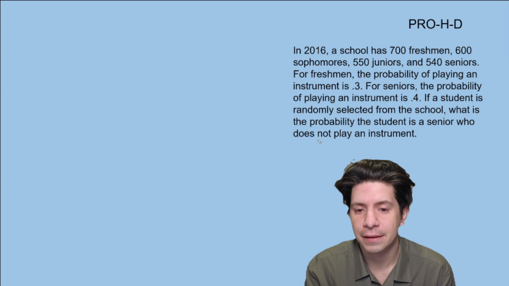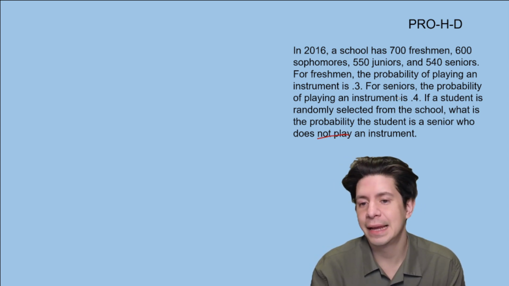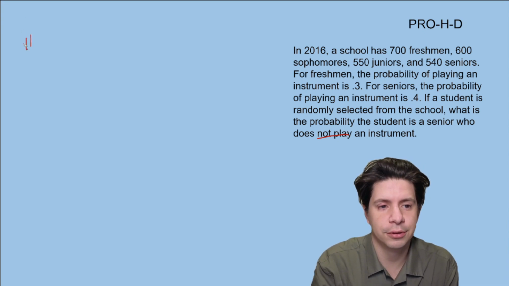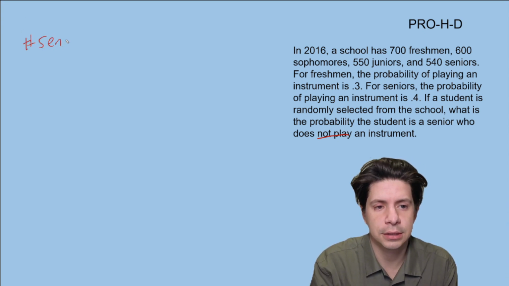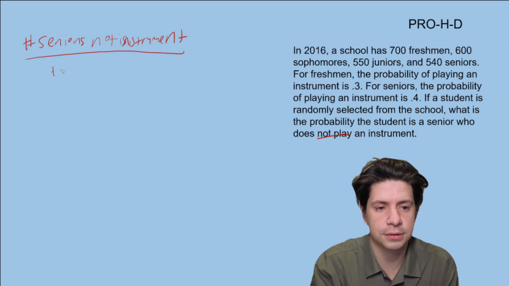Okay, so it does not play an instrument. So we want to find how many seniors don't play an instrument. So it'll be number of seniors with no instrument over total number of people, over total students.